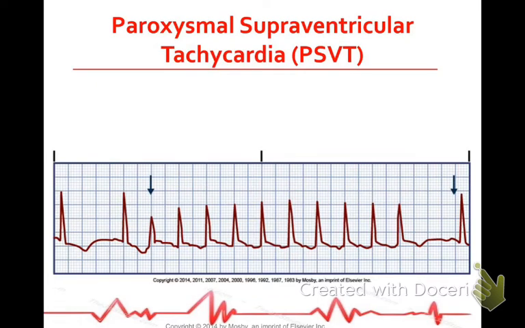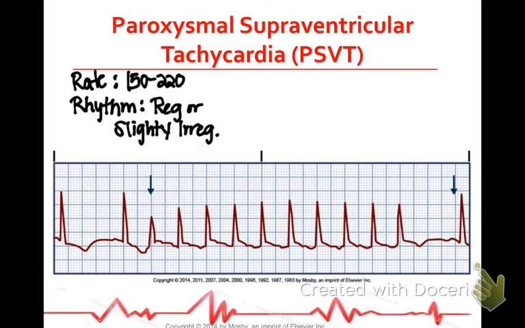All right, so let's talk about PSVT. You may hear this referred to as SVT, supraventricular tachycardia. You may hear it called paroxysmal. Paroxysmal just means sudden onset. It just means it happened quick. So you got a rate of 150 to 220.